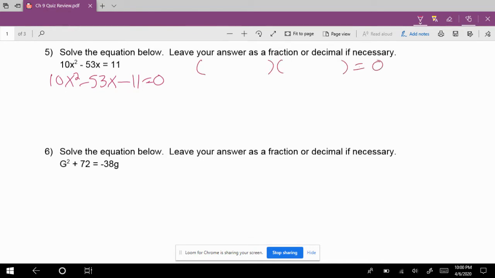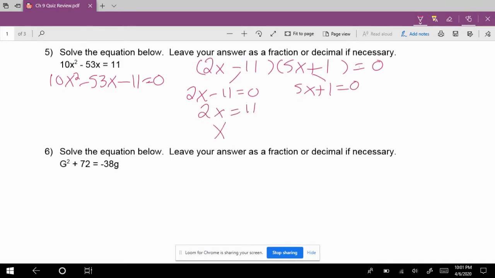If you do a little bit of guessing and checking, you can come up with 2x minus 11 and 5x plus 1. So then when you set each of those equal to 0, solve each of those, divide by 2, you get 11 halves.